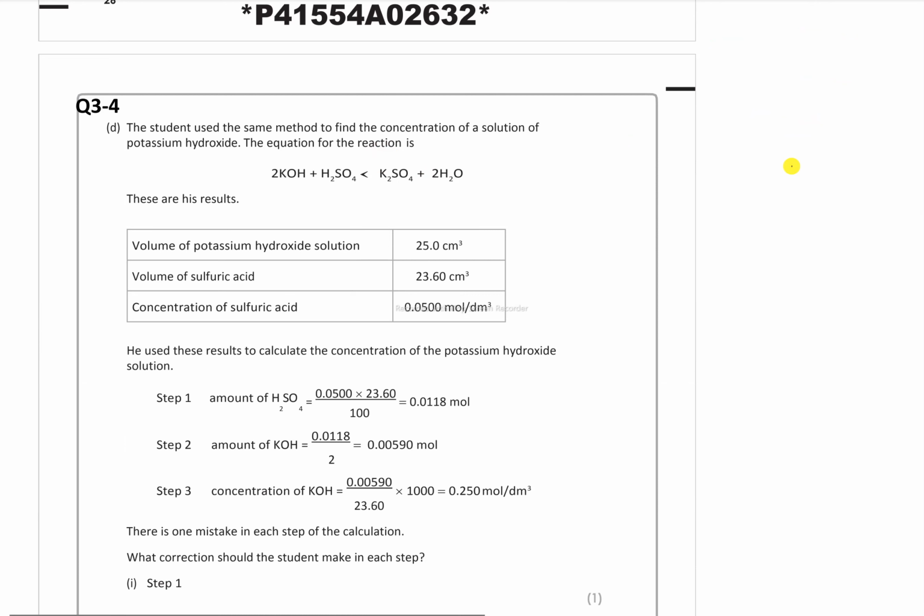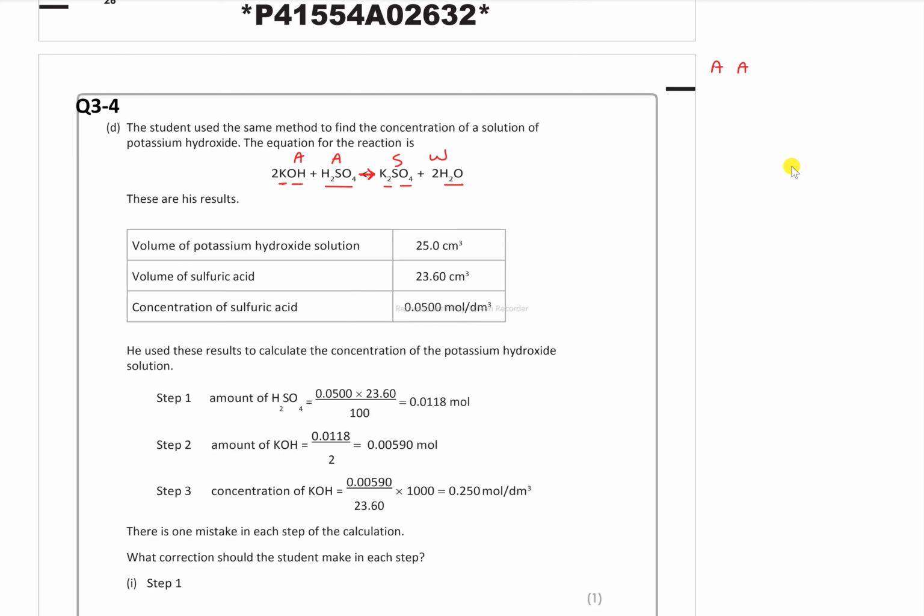Right. This is again like a typo, don't worry about that. It's supposed to be an arrow going forward. So potassium hydroxide, sulfuric acid, potassium sulfate, and water. So this is a, well, we remember it as ores.